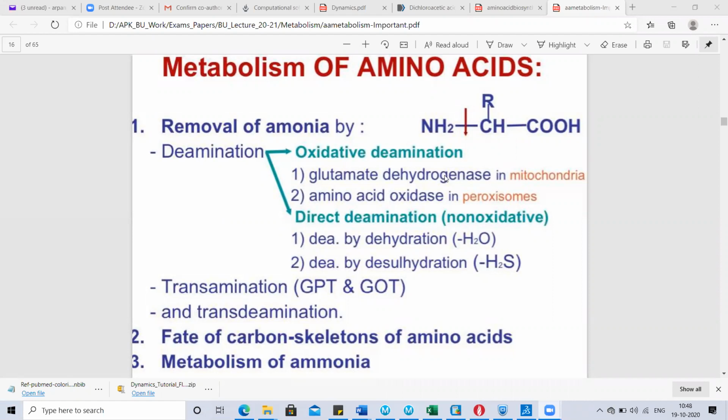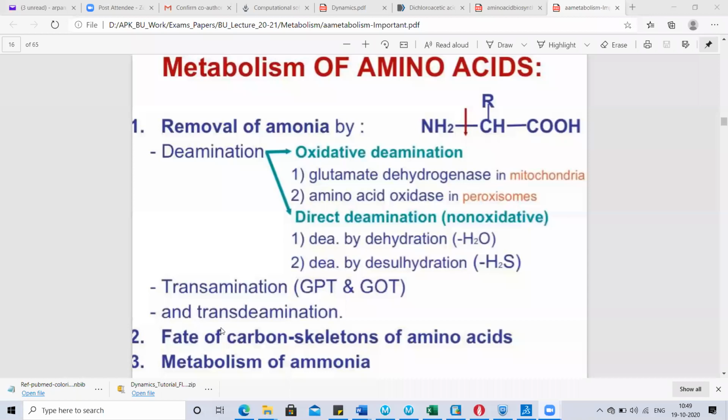And what is transdeamination? During the transdeamination reaction, there occurs not only the transfer of the amino group from one compound to another, but also simultaneous removal of this ammonia from the other. We have seen this, but I just want to quickly remind you of what we studied in the earlier class.